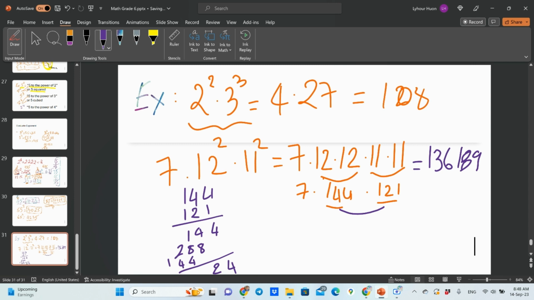Oh wait, is it already incorrect? Oh wait. Actually, I multiplied 147, 141 by 7, right? And then I multiplied 121 by 7, and then I multiplied those answers together. Was I not supposed to do that?